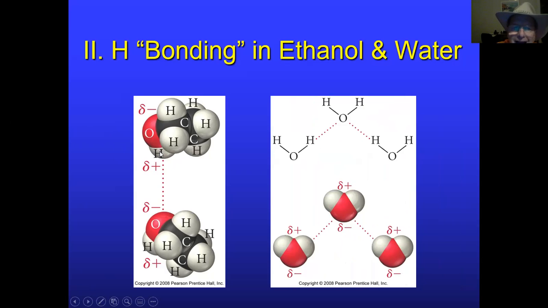So the positive hydrogen is going to be attracted to the negative oxygen, and so on and so forth. Water, extreme example. We have an extreme positive charge on the hydrogen end. We have an extreme negative charge on the oxygen end. So we have a very, very strong bond of one water to another one.